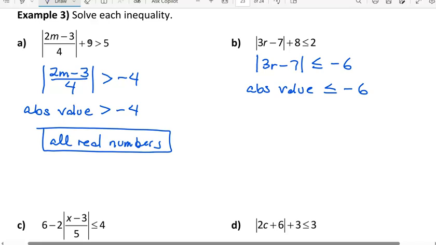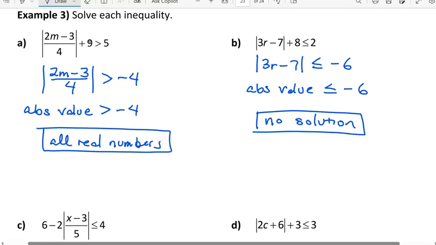A positive number less than or equal to negative 6, that will never be true. 0 less than or equal to negative 6, that will never be true. So this inequality has no solution. As you can see, just because we get a negative number on one side doesn't mean that there's no solution necessarily. We have to stop and think about whether we're looking at a greater than or less than type of situation.